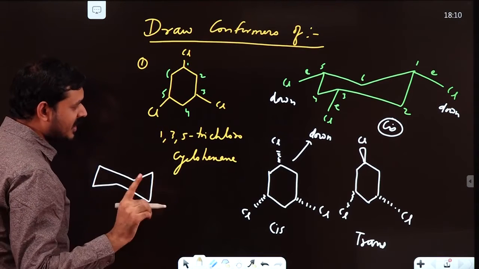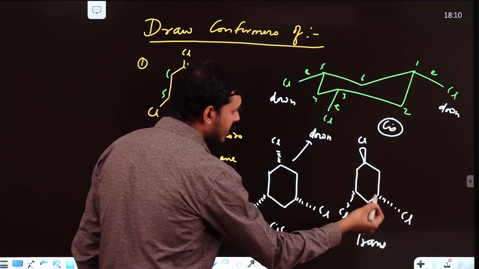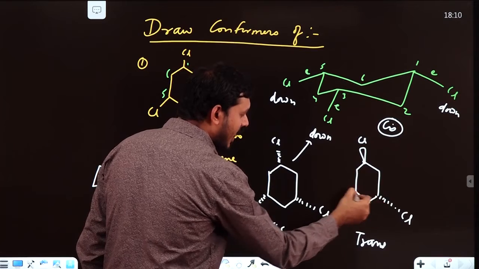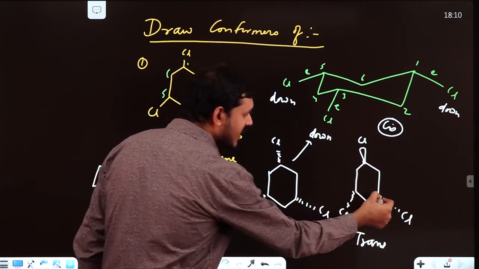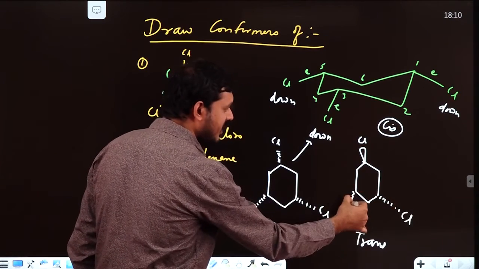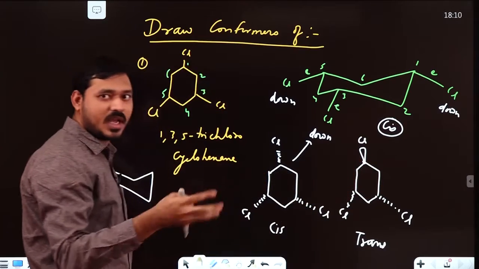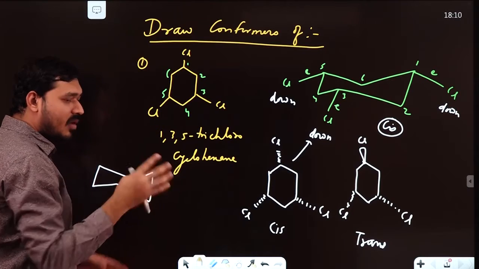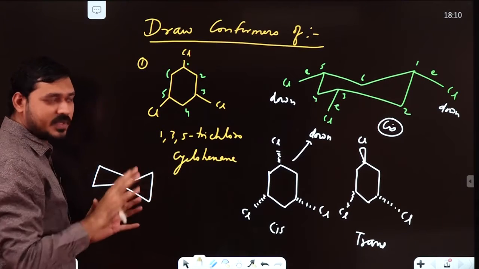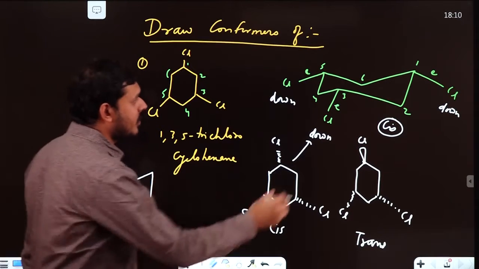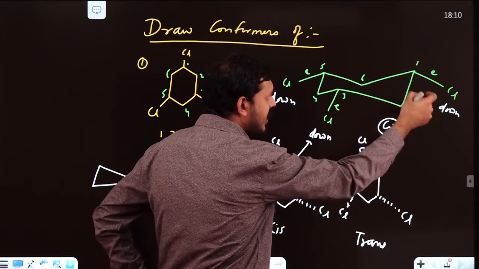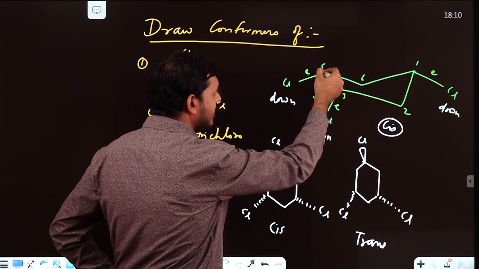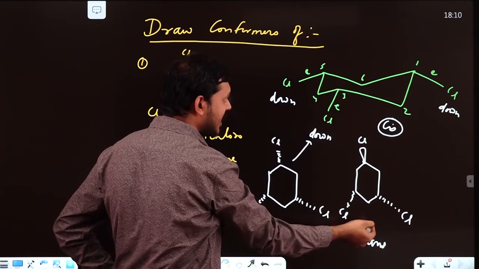So for trans form, what I have to do, if I see 1, 2, 3, 4, 5, so any of the two, because if I say this one in wedge or this one in wedge or this one in wedge, all three are the same. So any one in down, then the other two will be upside. So keeping 1 and 3 down and taking 5 upside, it will be this trans form.